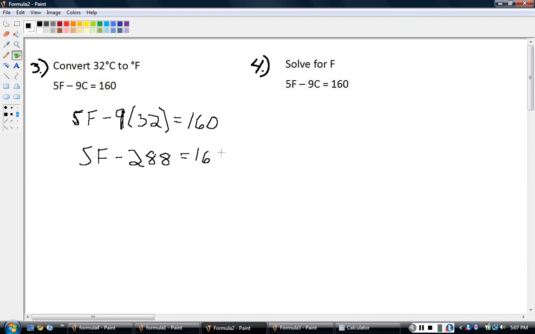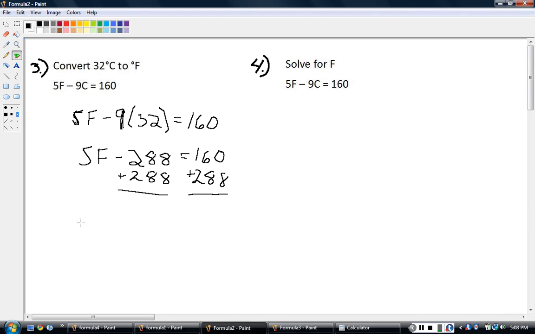Okay, now solving linear equations, in order to get F by itself, I need to get rid of the 288 first, so of course I'm going to add it to both sides, plus 288. Of course, if I add it to the left side, I got to add it to the right side to keep the equality. Okay?